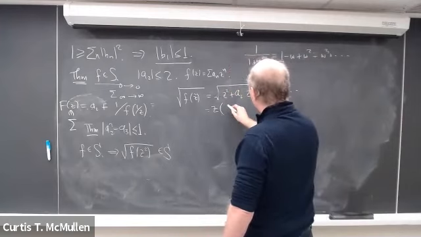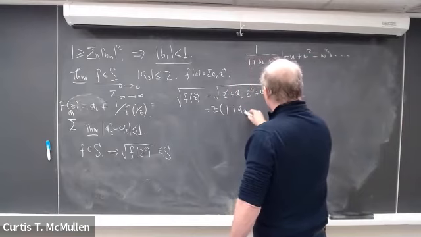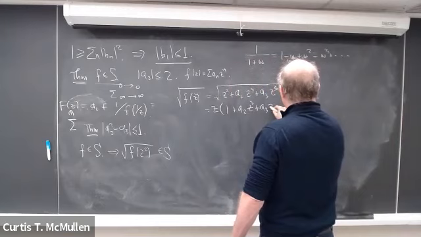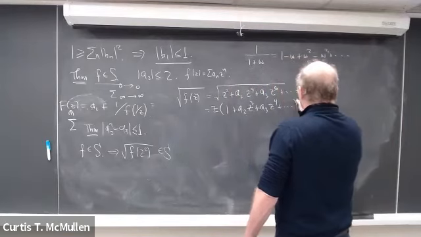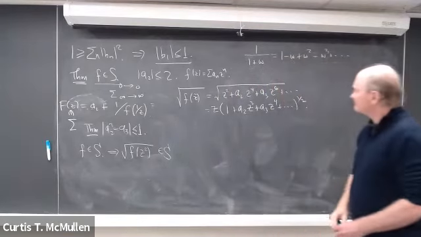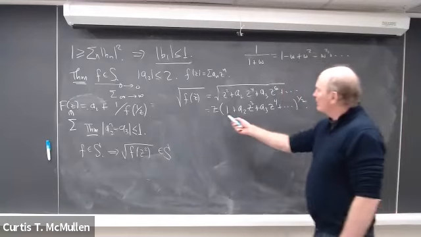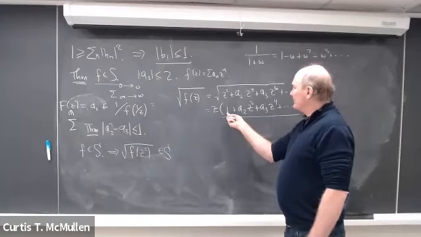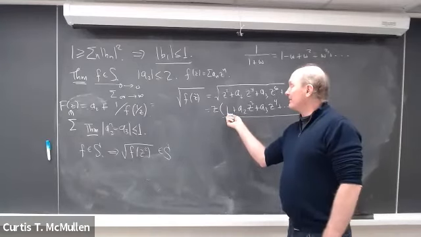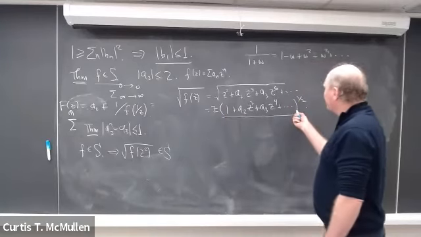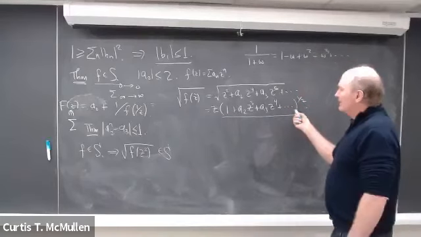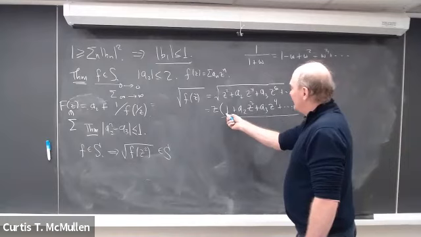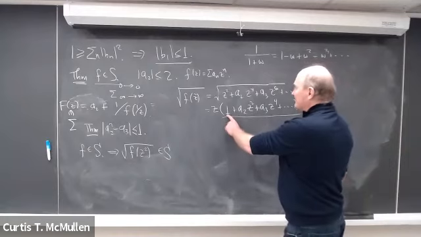So we get z times 1 plus a2 z squared plus a3 z to the 4th, and so on, all to the 1/2. And now we're taking the square root of a function which is equal to 1 when z is equal to 0. Well, there's a well-defined branch of the square root. As long as these other z's are small enough, it's the branch that gives the square root of 1 equal to 1.